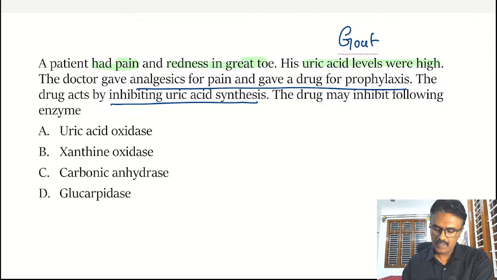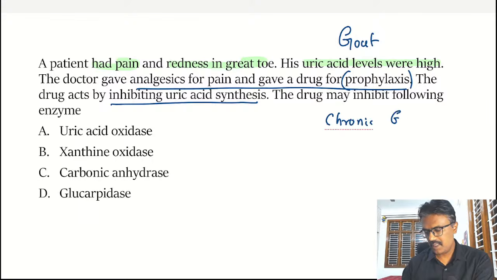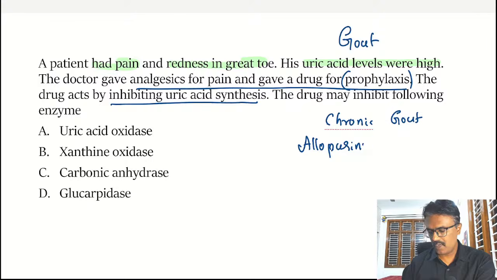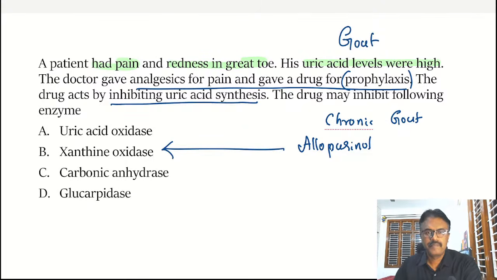The drug name which is given for prophylaxis of chronic gout is allopurinol. I call it allopuri. So it's a xanthine oxidase inhibitor. It inhibits xanthine oxidase.